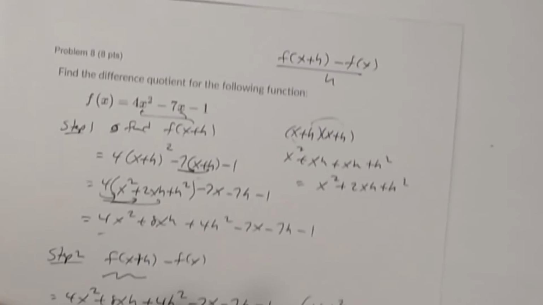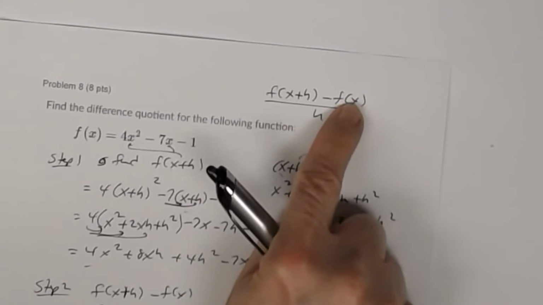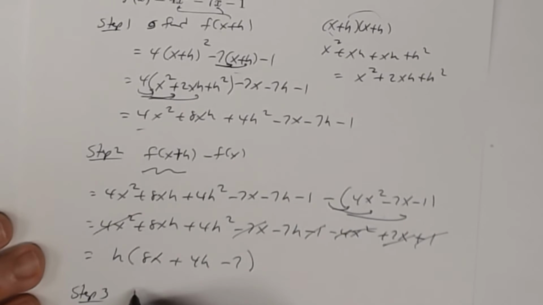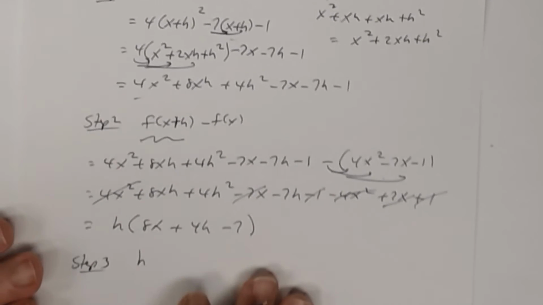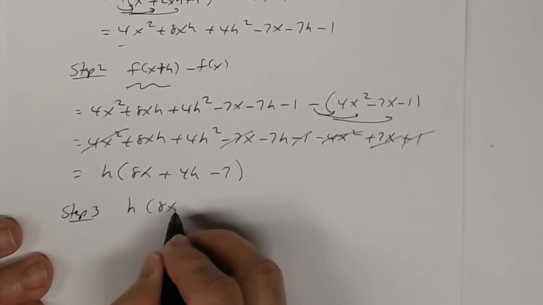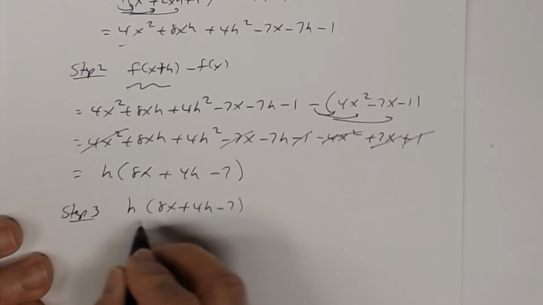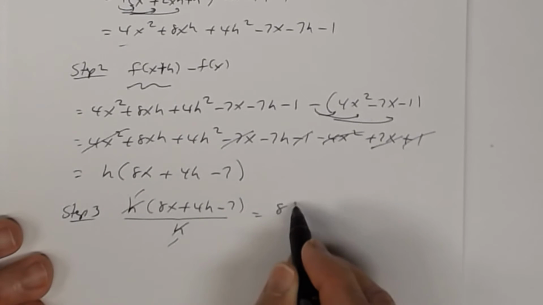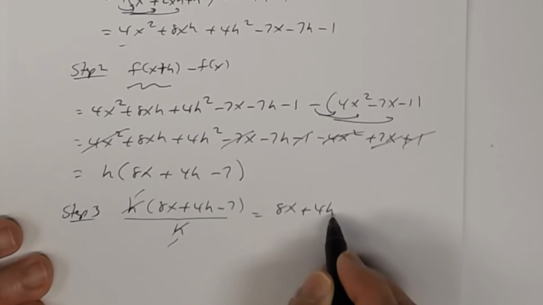And then finally, step 3 is to take that numerator, which is step 2, and divide by h. So step 3, you're going to take what you got in step 2. So h times 8x plus 4h minus 7, divide by h. Then reduce, and you get 8x plus 4h minus 7.